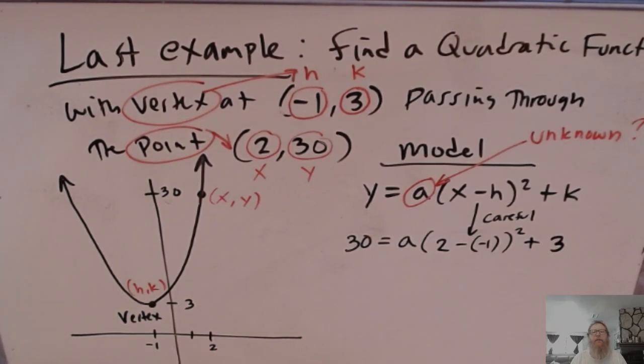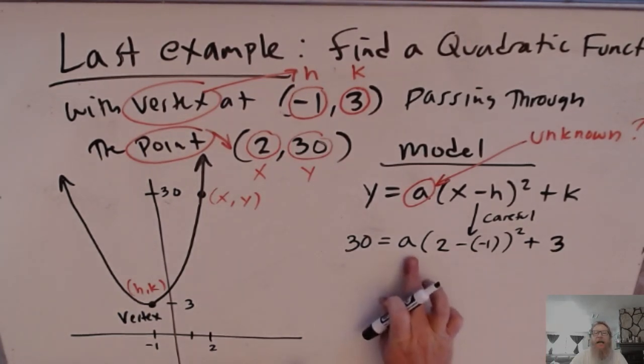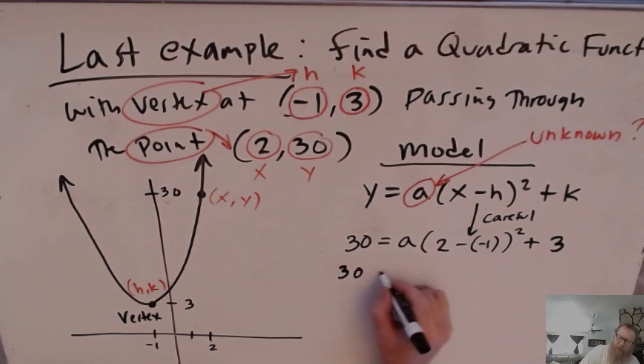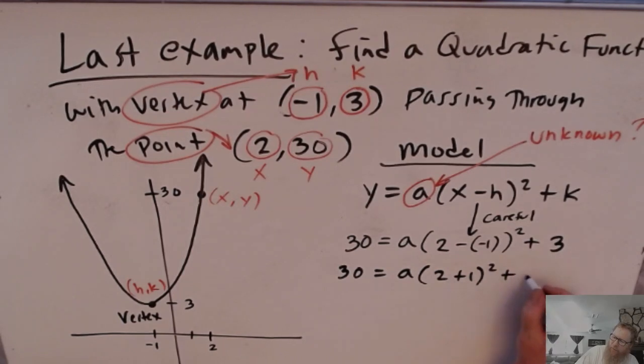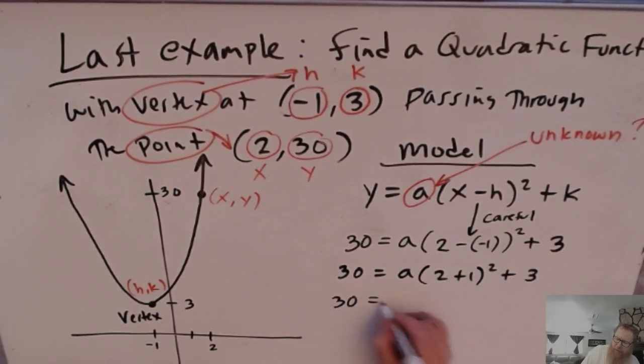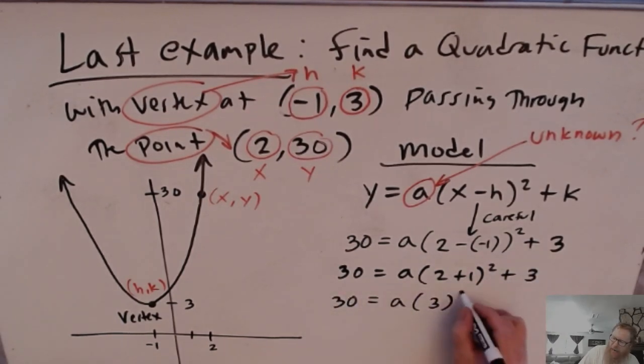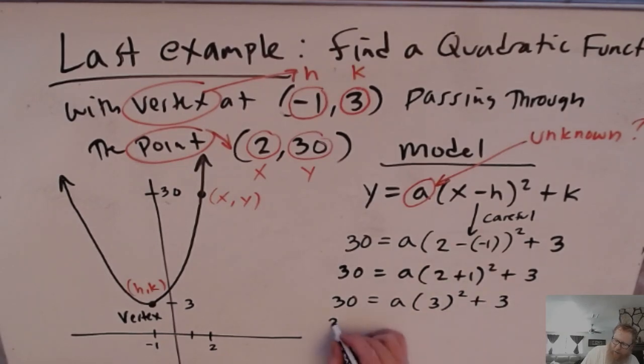There you go. Now you're going to solve this equation for a. So you got 30 = a(2 + 1)². 30 = a(3)². 30 = a times 9.